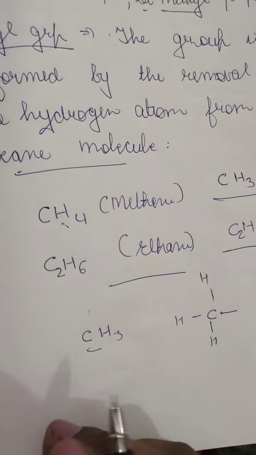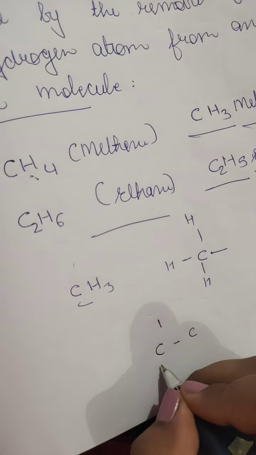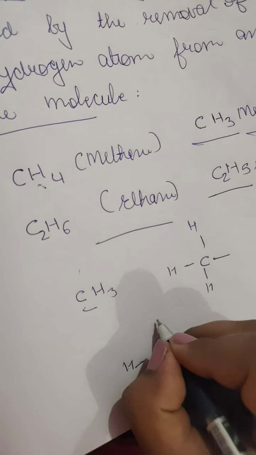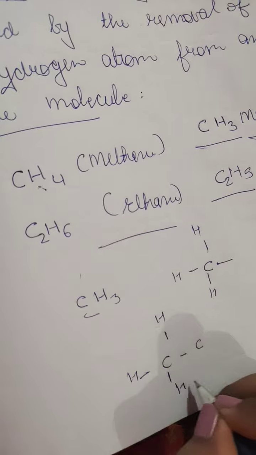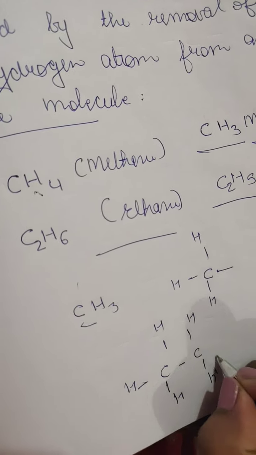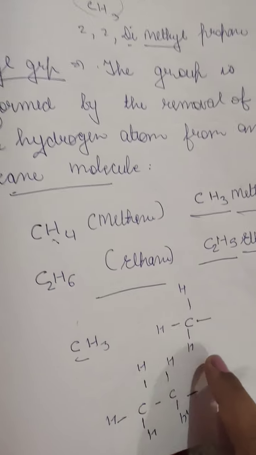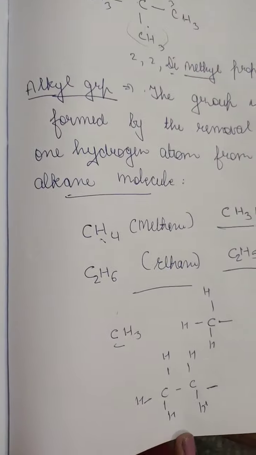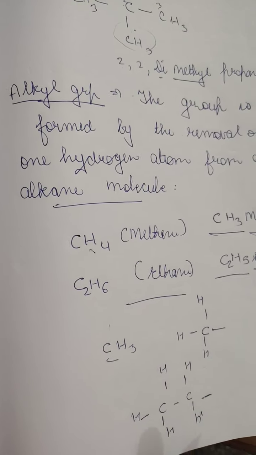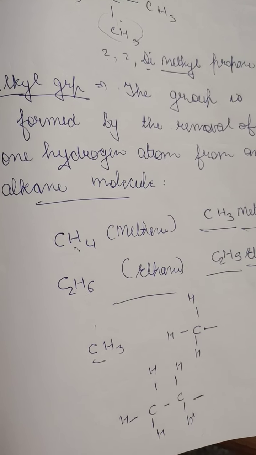And in the case of ethyl, it will be like this, C2 with hydrogens. Every carbon will have hydrogen except one. So this is empty, it is not sharing with anyone. So this will attach to this. So this is an alkyl group, which is a functional group which adds to a chain structure or any branched hydrocarbon and forms a new compound.